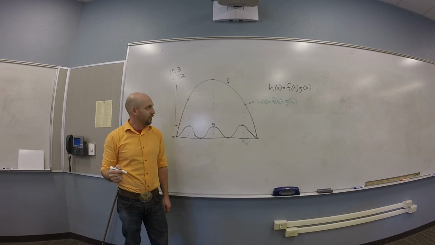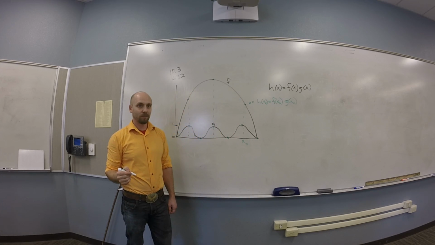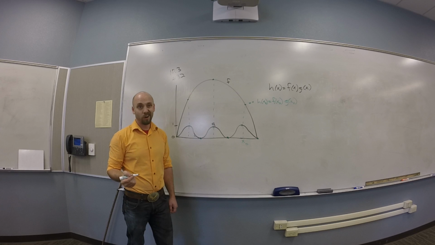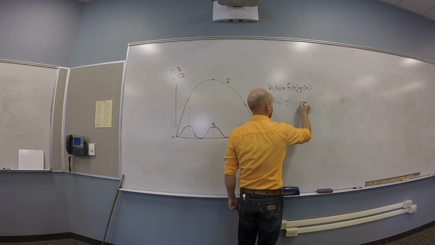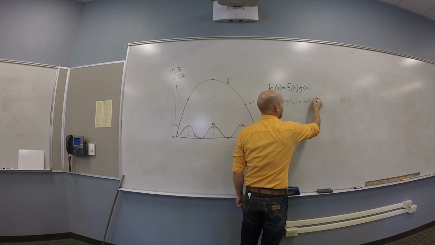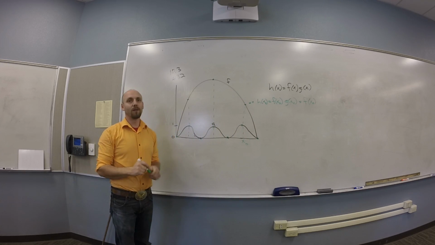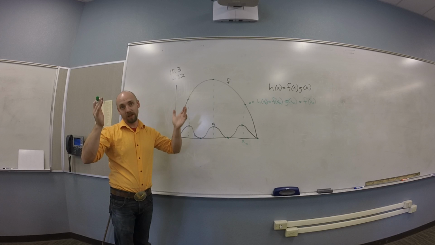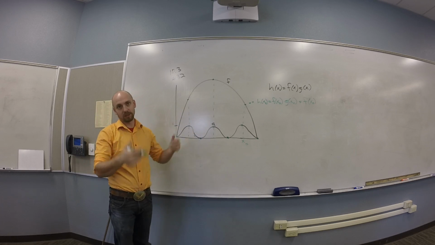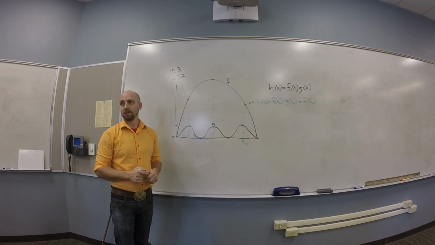But g at that value is what? 1, right? So that's just f at that value. Oh, okay, gotcha. So what I mean by coincides is they're actually the same thing, because g is 1 there, so it doesn't contribute anything meaningful. That's cool, guys? All right, what's it do in between?